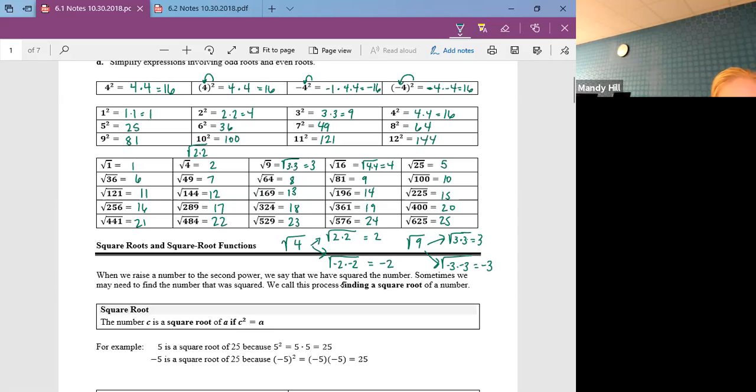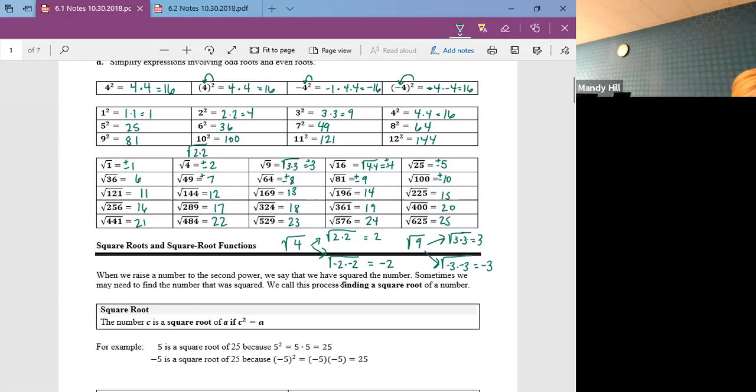That's also 9, because a negative times a negative is also positive. So every one of these could be a +1 or a -1. The answer to this could be a +2 or a -2, +3 or -3. You could go back and put plus or minus with every single one of these.